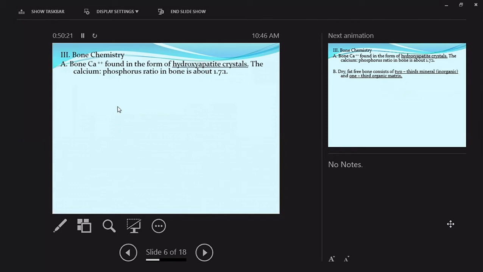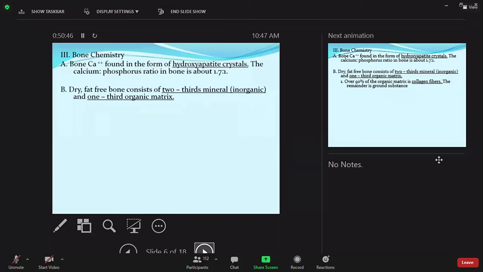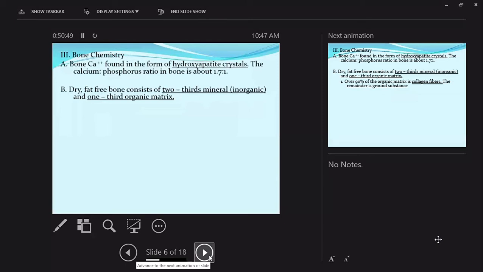Now, bone calcium is found in the form of hydroxyapatite crystals. The calcium phosphorus ratio in bone is about 1.7 to 1. A dry fat-free bone consists of 2/3 mineral, inorganic, and 1/3 organic matrix.